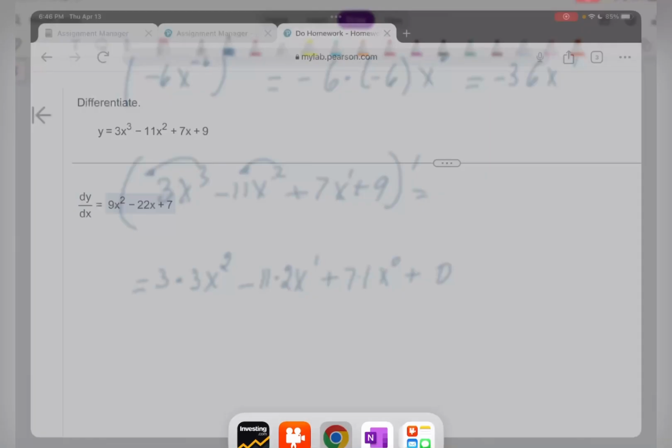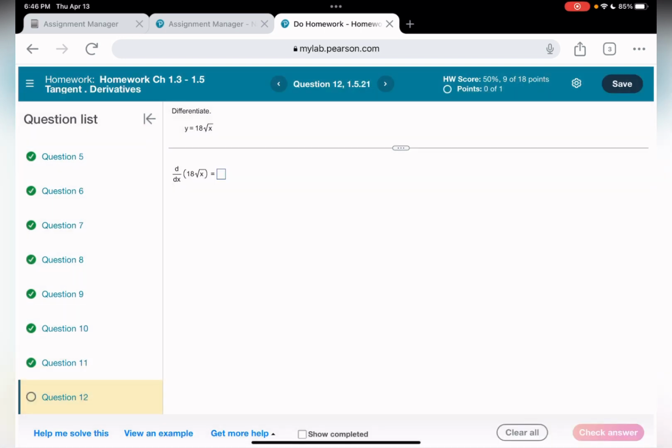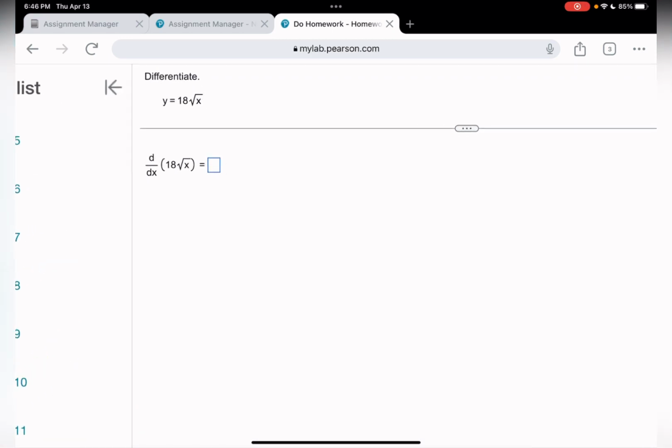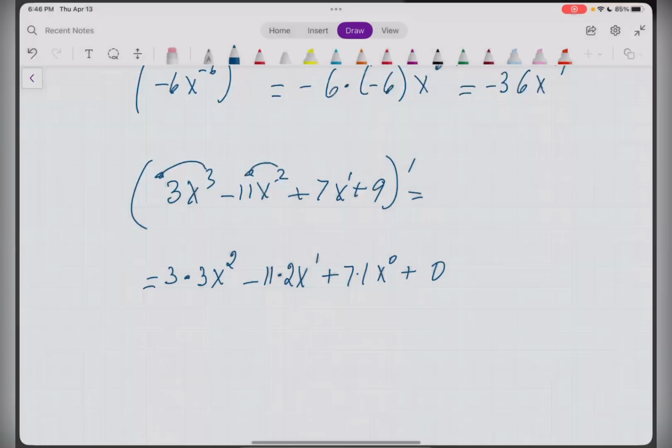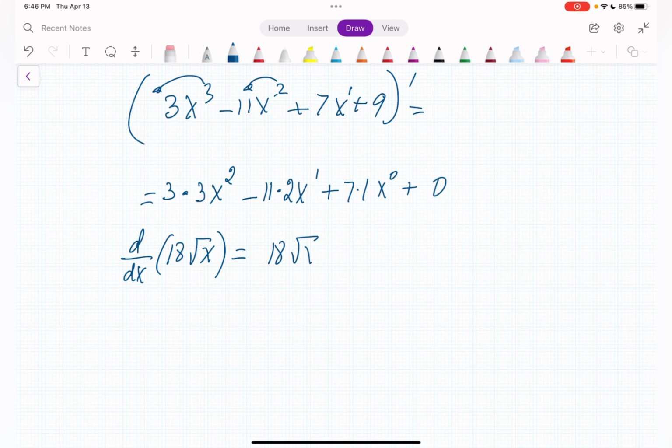Okay. Next, number 12. All right, this is interesting. 18 square root x. I'm going to write down 18 square root x.